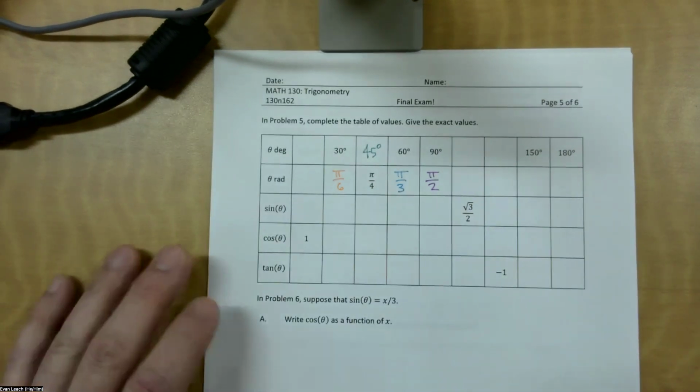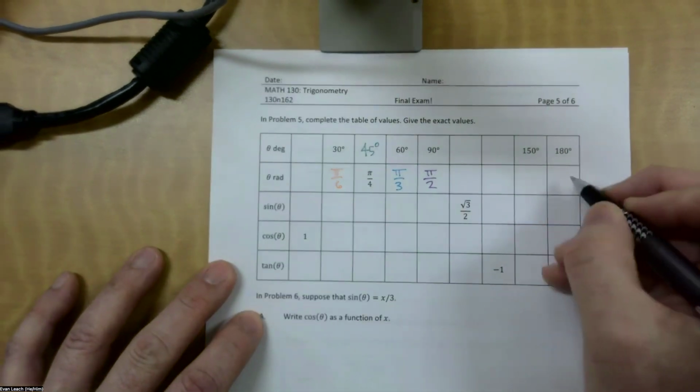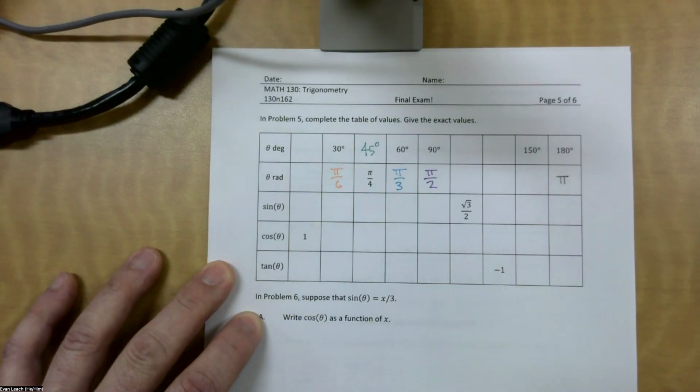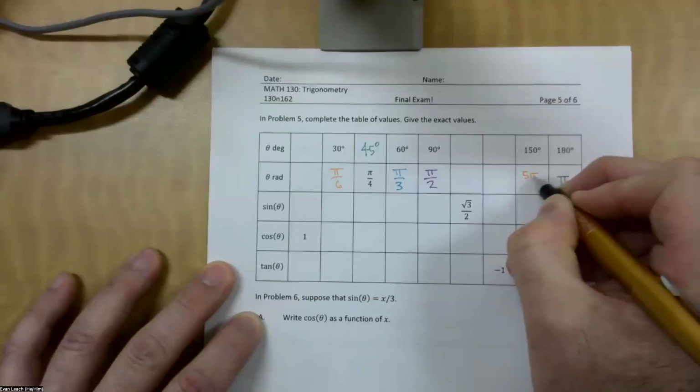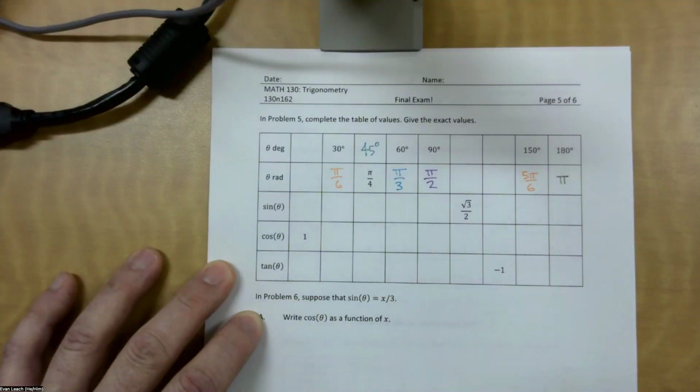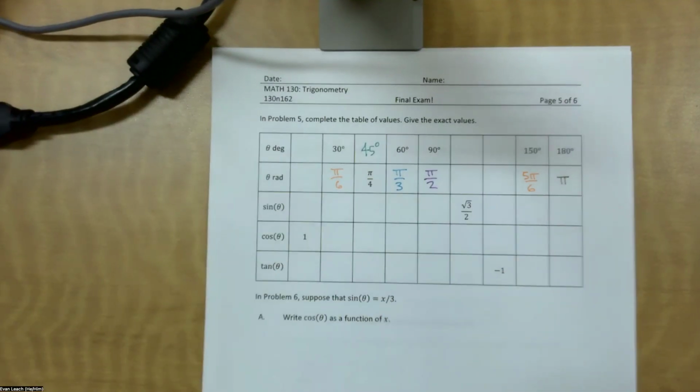These are the easiest ones to identify. 180 degrees is pi radians. 150 has a 30-degree reference angle in the second quadrant, and that happens at 5 pi over 6. There are some missing values here, but I put them all in order.